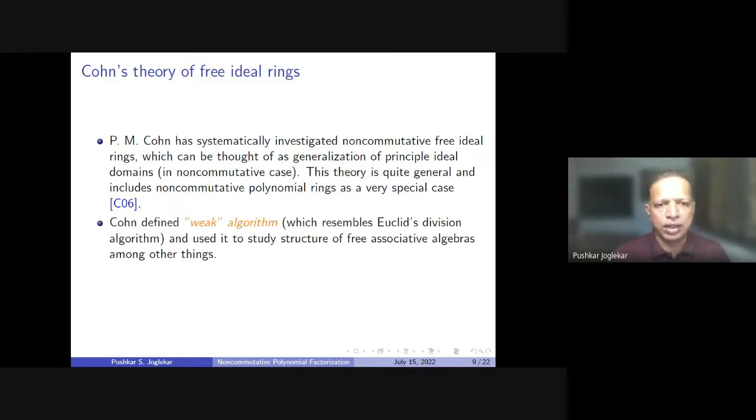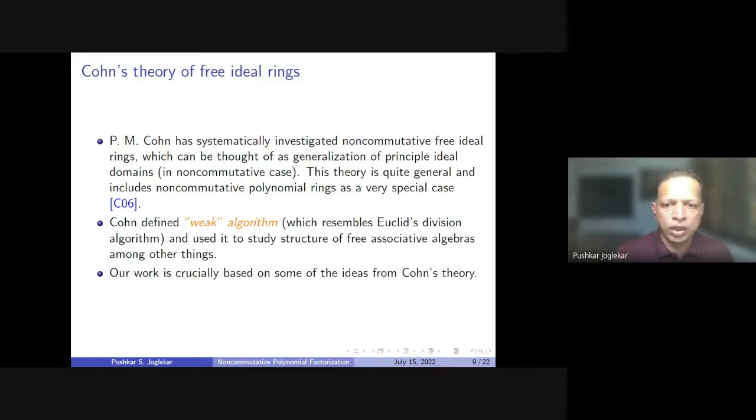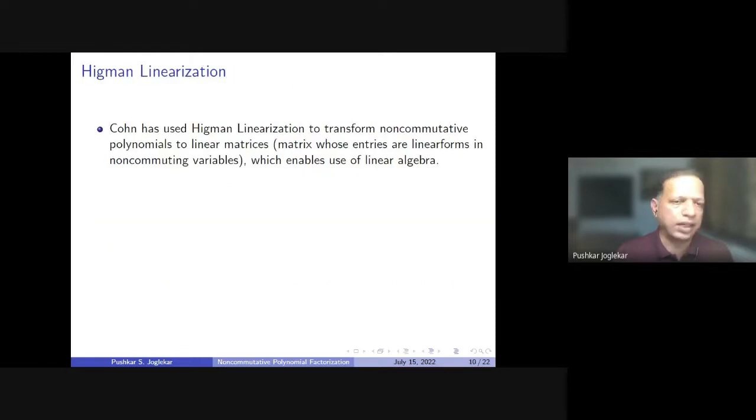Cohn defines what he calls the weak algorithm, which is similar to Euclid's division algorithm, which he uses to study the structure of these rings. Our work is crucially based on some of the ideas from Cohn's theory, most notably the way Cohn uses the Higman linearization.